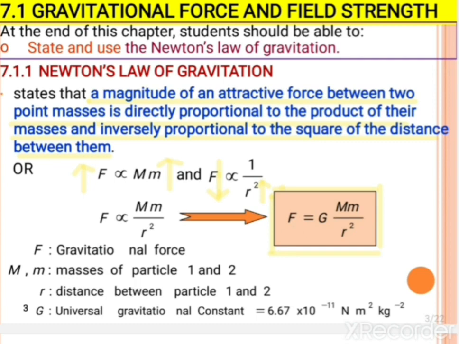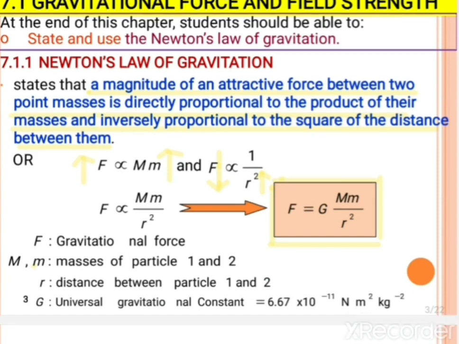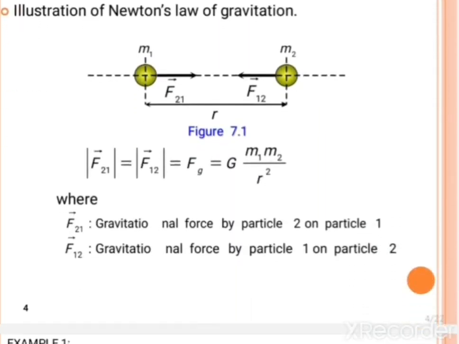F is gravitational force, m1 and m2 are masses of particle 1 and 2, r is the distance between particle 1 and 2, G is the universal gravitational constant, 6.67 times 10 power of negative 11 Newton meter squared per kilogram squared. This is an illustration of Newton's law of gravitation.